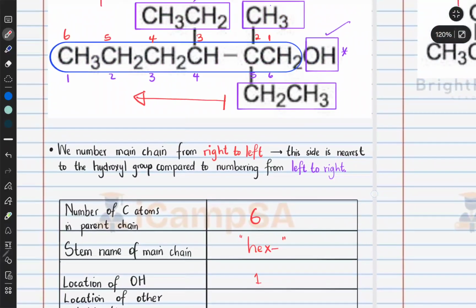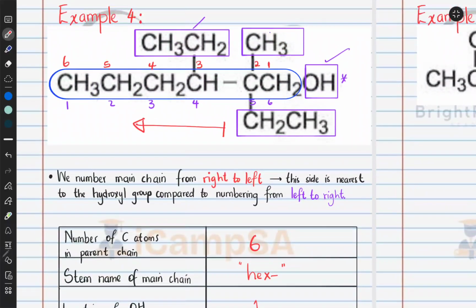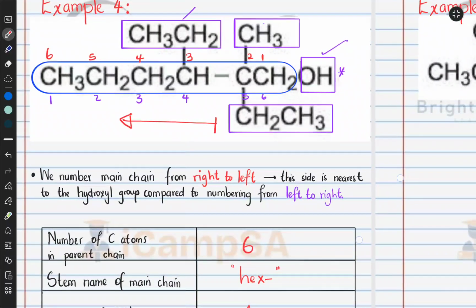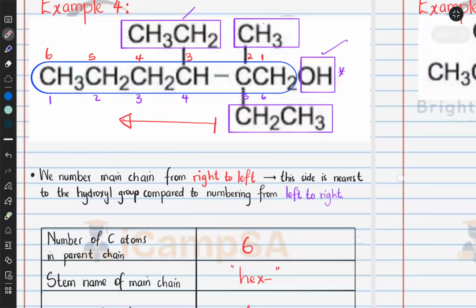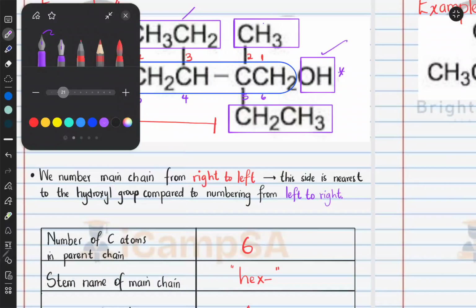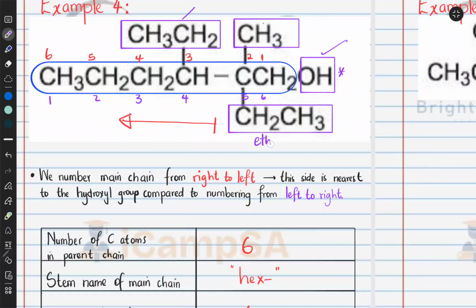The location of other substituents: as we saw, there are 3 other substituents, which happen to be the 3 alkyl groups. 2 of those are ethyl. This is an ethyl group, it's ethyl because remember it has 2 carbon atoms. So this alkyl group will be an ethyl group. This will be a methyl group.